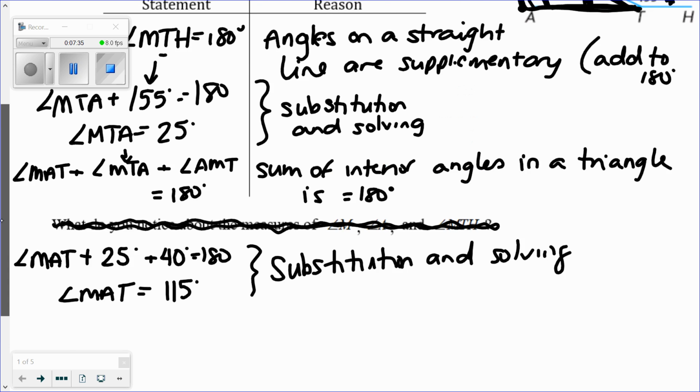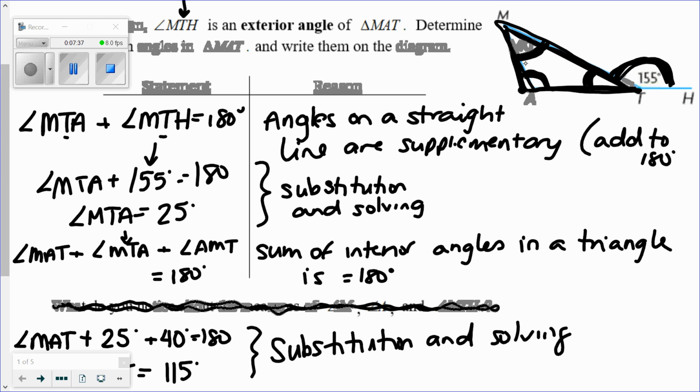Yes, I think so. We know that this one was 40, this one was 25, and now we know the angle at A is 115 degrees. So yes, we have figured out everything that we need.